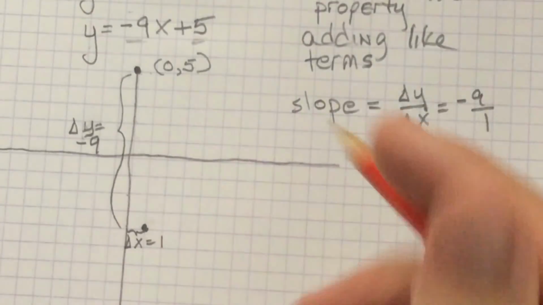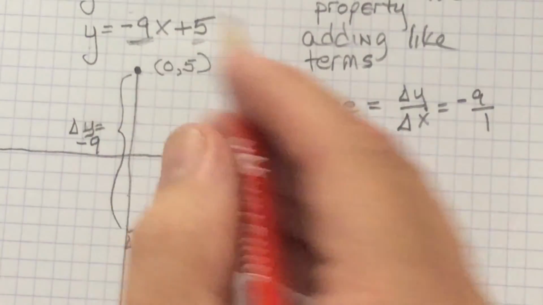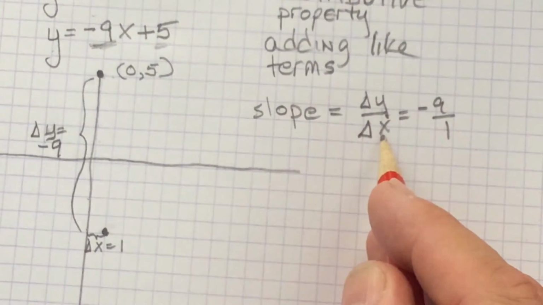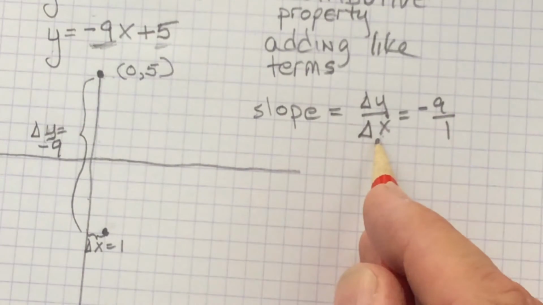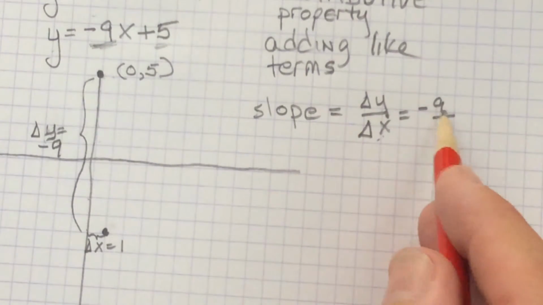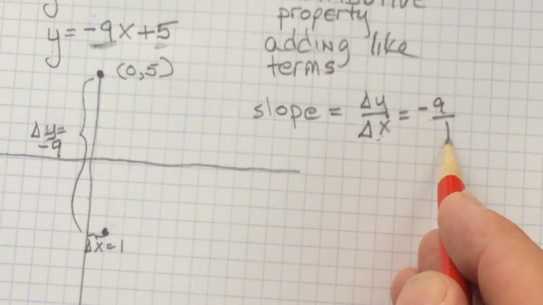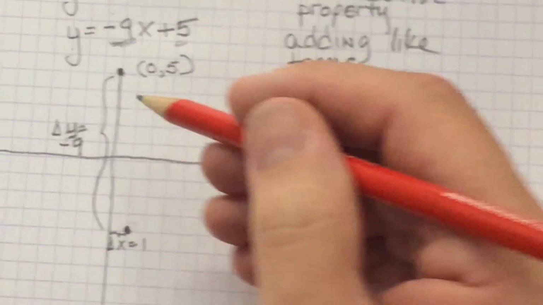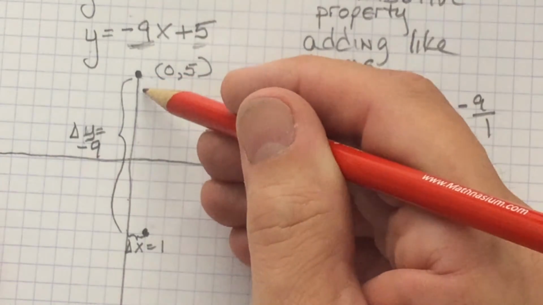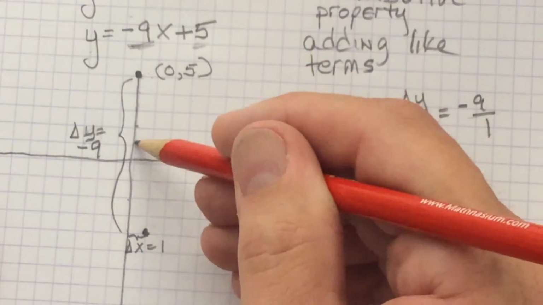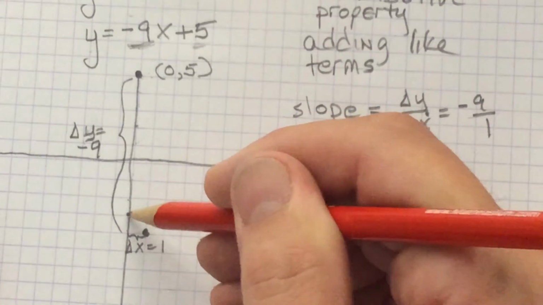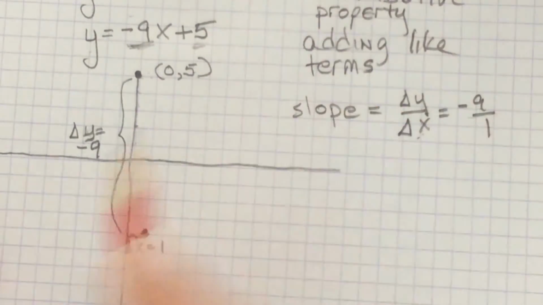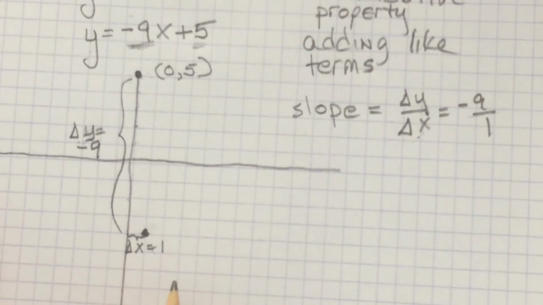Now, the slope is equal to the difference in y's divided by the difference in x's. And in this case, that's -9 over 1. So difference in y's means that if I'm going to change y's, I'm going to go down 9: 1, 2, 3, 4, 5, 6, 7, 8, 9, and 1 to the right for a positive 1. -9 over 1, that's my slope.